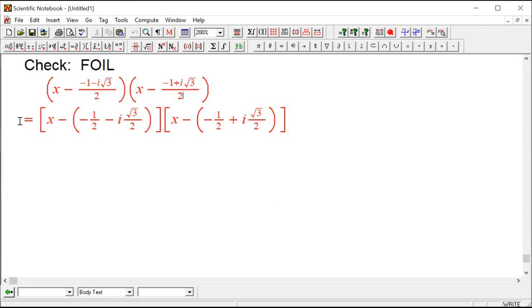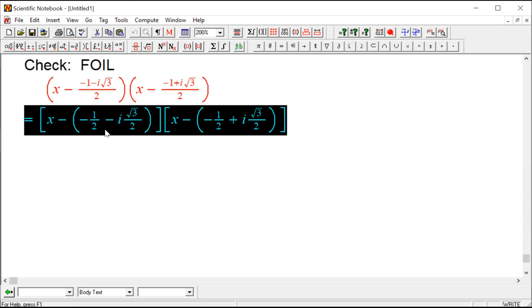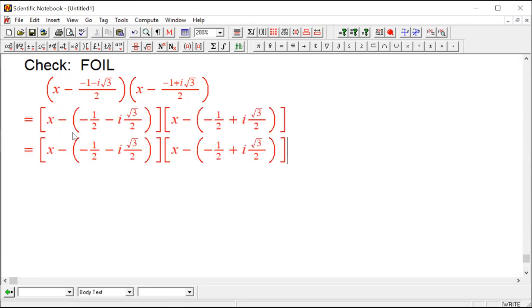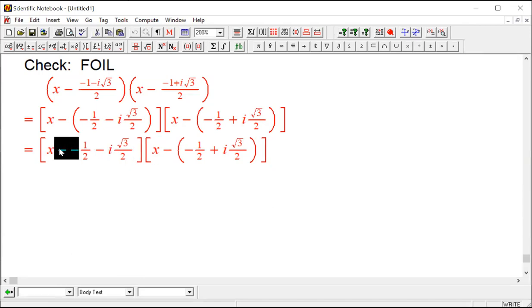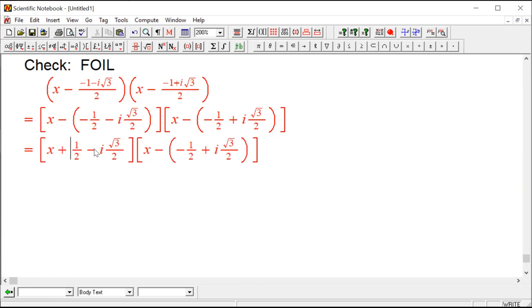Next, I'm going to open up the parentheses inside the bracket. This negative sign applies to each term, so I'm going to remove this. Here this is going to be plus, and this is going to be plus. Basically this negative sign distributed to this piece and to that piece.